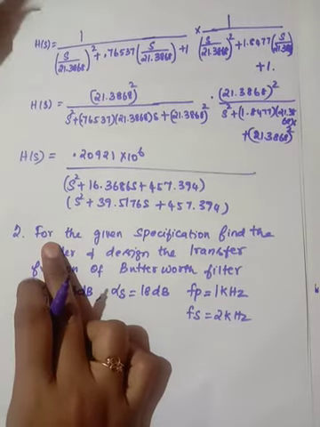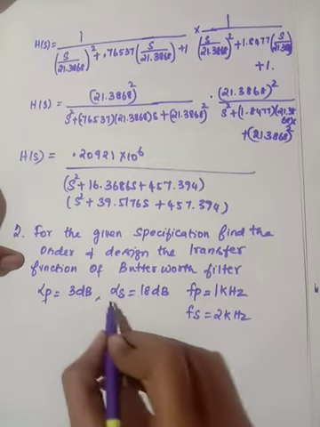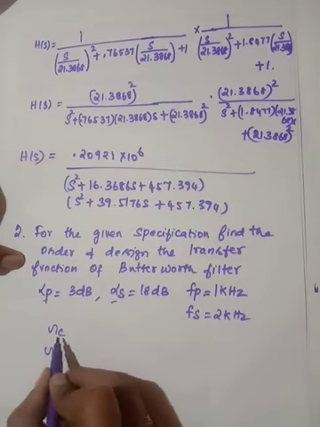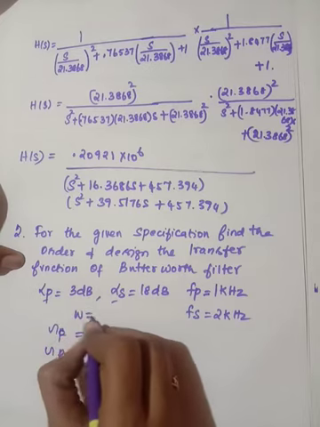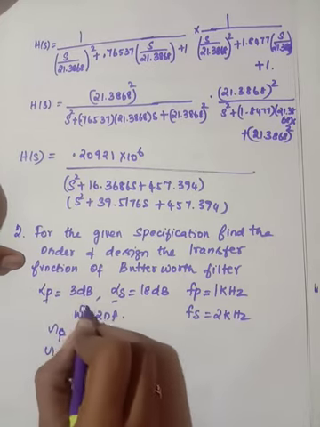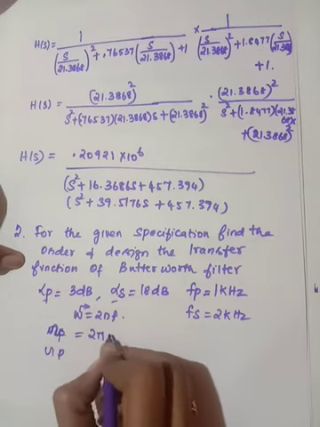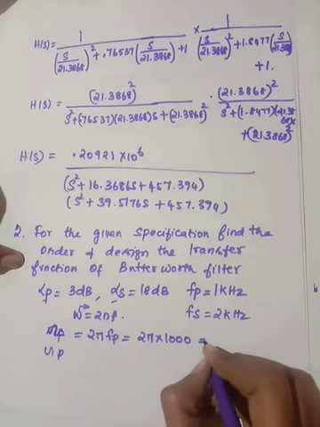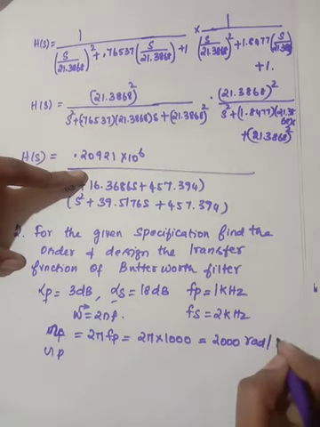Now see this problem. For the given specification, you need to find the order and design the transfer function of the Butterworth filter. They have given alpha p and alpha s, but instead of ohm p and ohm s, they have given fp and fs. We know that omega is equal to 2 pi f; omega represents digital frequency, while ohm here represents analog frequency. So ohm p is 2 pi fp, which is 2 pi into 1000, that is 2000 pi radians per second.